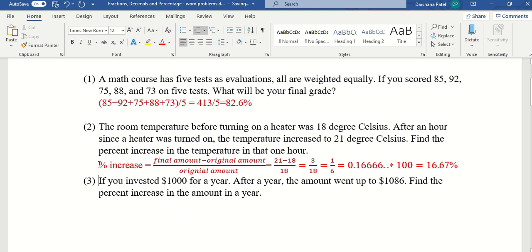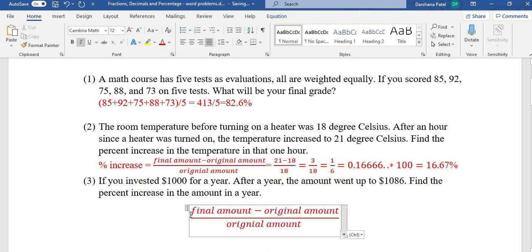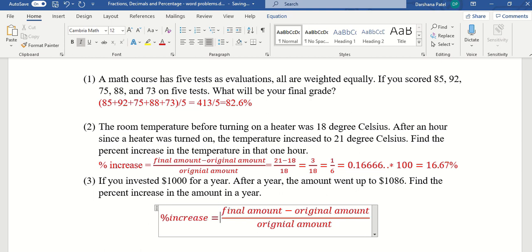Now it says if you invested $1,000 for a year, after a year the amount went up to 1,086. Find the percent increase in the amount for that year. So percent increase equals final amount minus initial, and if it was percent decrease, it will be the same formula.